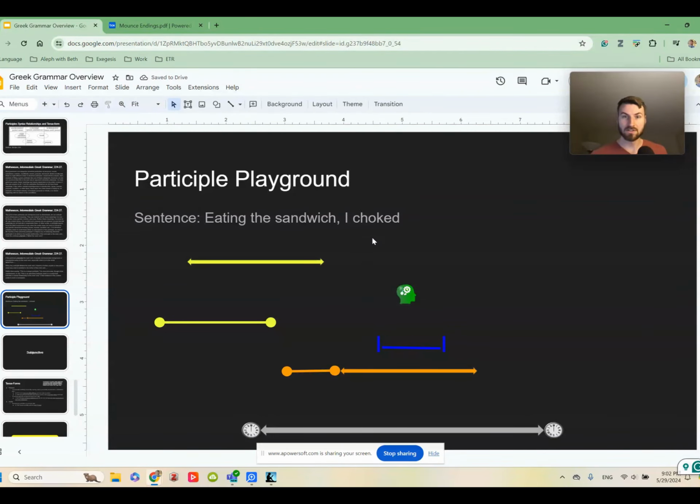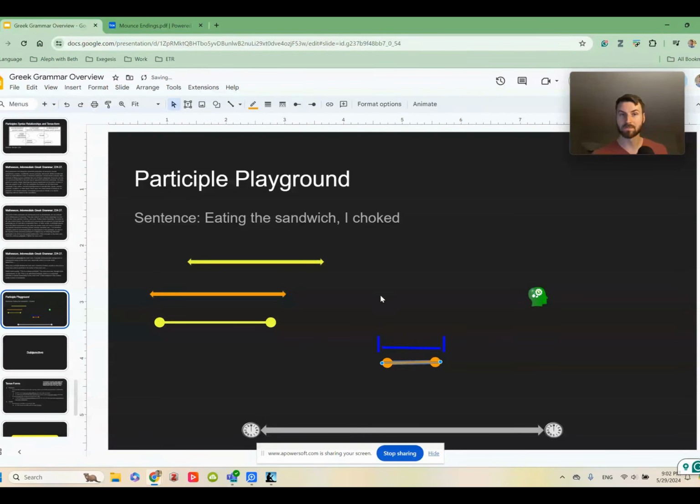Okay. So here, I choked is now the main verb. And that's a simple past, an aorist. And so it would be like this. I choked. But then, eating the sandwich, this is an ongoing action at the time of when I am choking.